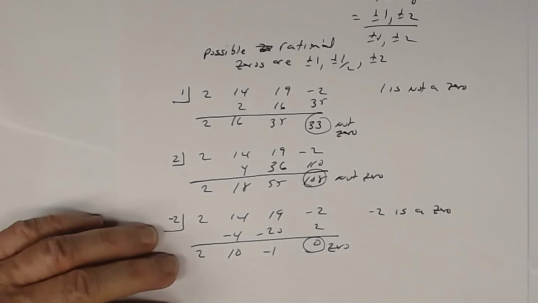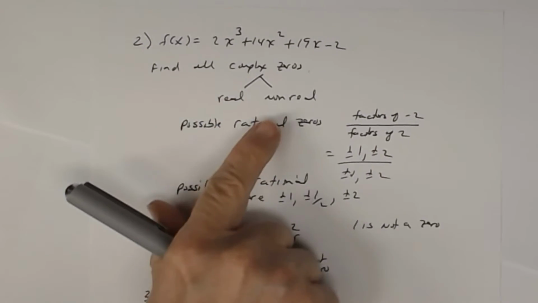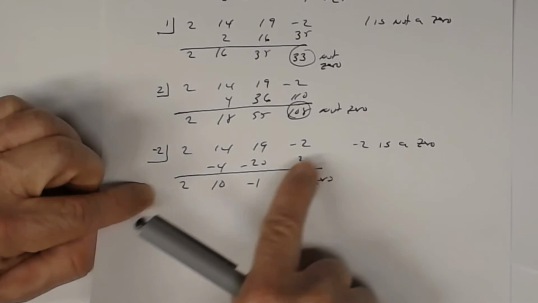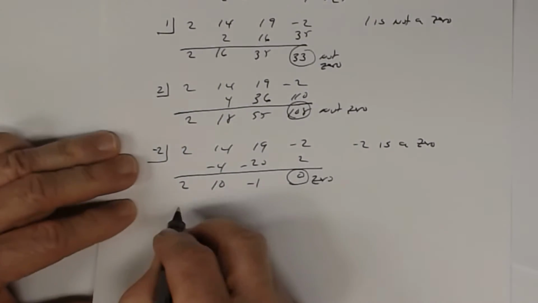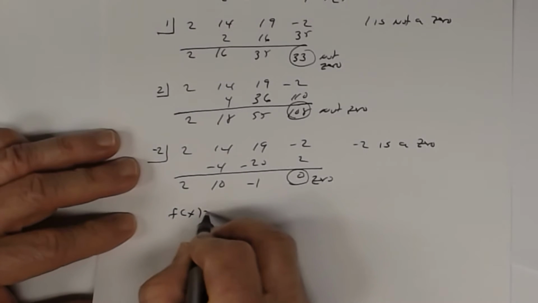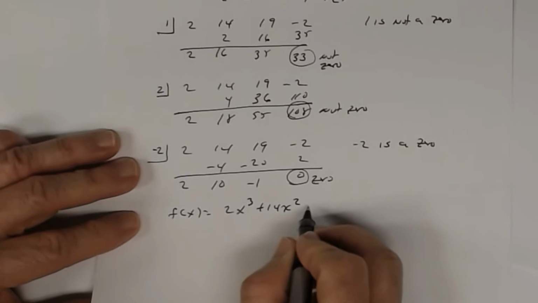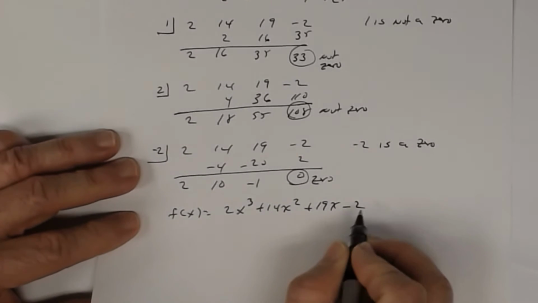Now, to find all the zeros, we're going to factor this using our quotient and the zero. So f of x is 2x cubed plus 14x squared plus 19x minus 2.